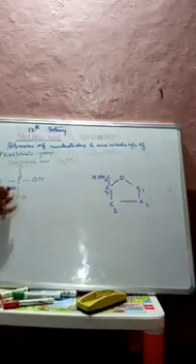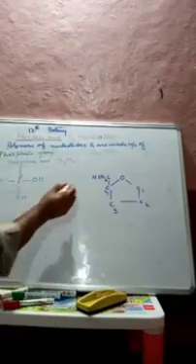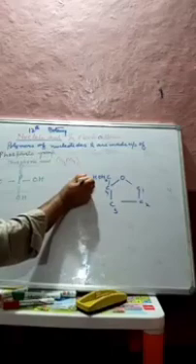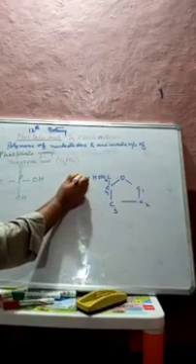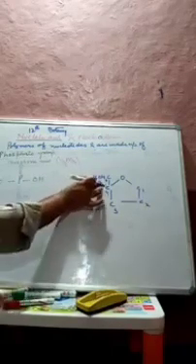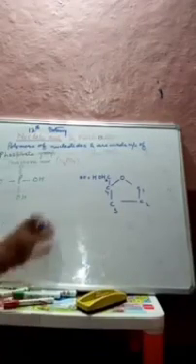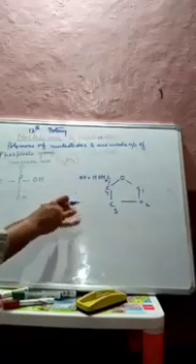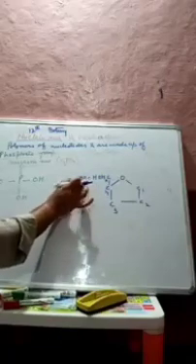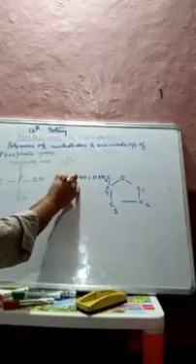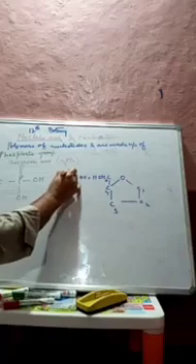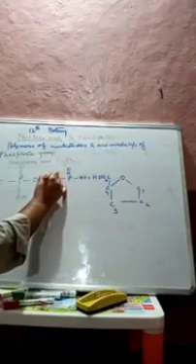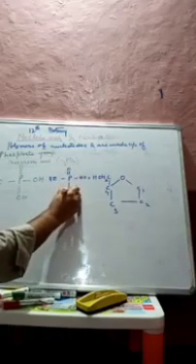Now one of these hydroxyl groups bonds with this fifth carbon of the pentose sugar, and the structure becomes like this. Then it is P, OH and OH.